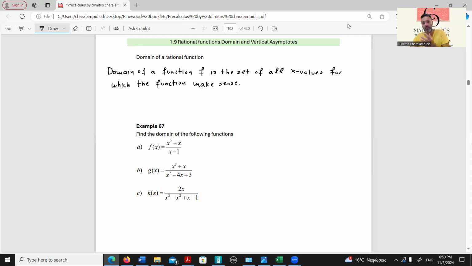Here we care about a rational function, and we know that a rational function is any function of the form p of x over q of x, where p of x and q of x are polynomials. Now, if we combine these two things, what a domain is and what a rational function is, we would say that the domain of a rational function is the set of all x values for which that fraction, p of x over q of x, makes sense.